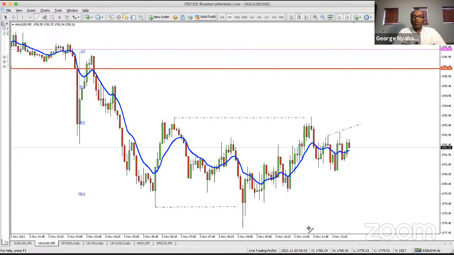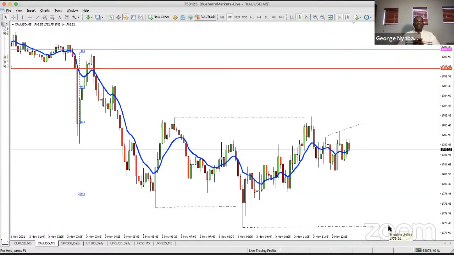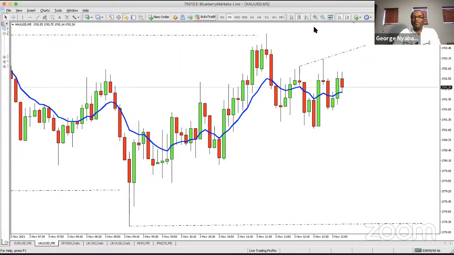And our goal is going to be here. That's what our goal is going to be. So gold, we're still short, still bearish. We're just going to wait for the price action now to give us an opportunity to jump in.